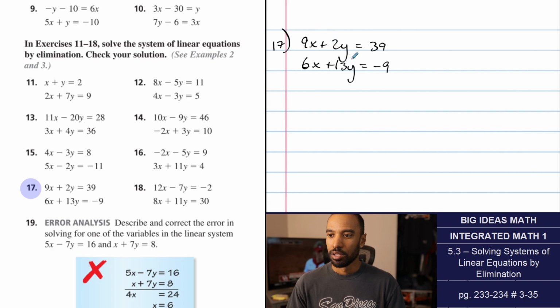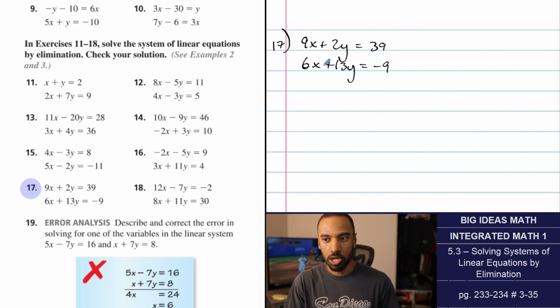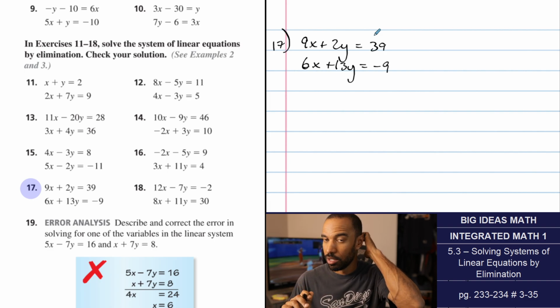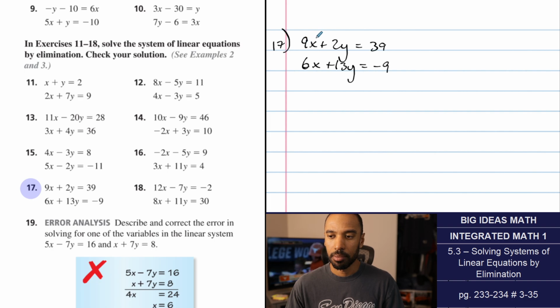All right. Let's eliminate an x or a y here. I'm going to aim more for least common multiple things here. Least common multiple of 9 and 6 is 18. Least common multiple of 2 and 3 is 6. So if 18 leads to smaller multiplication, let's do it. Both sets are positive, so it's not like there's a push comes to shove set there. So let's just do the x's. Eliminate those. I'll multiply the top equation by 2 and the bottom equation by negative 3.